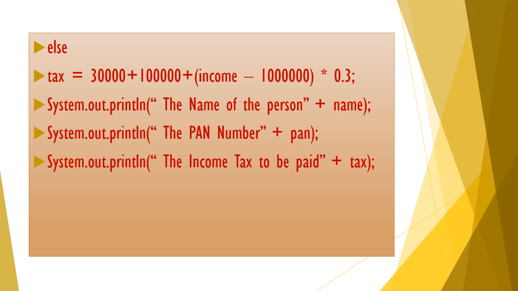Based on the given conditions, we have calculated the tax and the values are displayed. So this is the program for calculating the income tax to be paid by a person based on the criteria given here. The braces are closed.